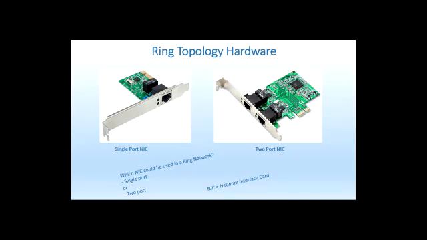So this network card, the bigger card that goes into desktop devices such as computers, would serve as a network interface card for a ring topology. You have to have an input and you have to have an output in order for this to work.